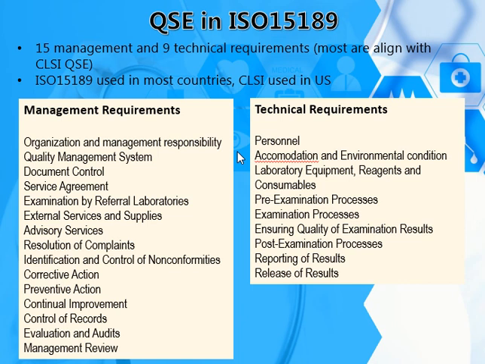So ISO 15189 is used in most countries, but CLSI is used only in the US. That's why we don't find any other country that uses CLSI except the US. That's why we find ISO 15189 the most, or ISO 17025.